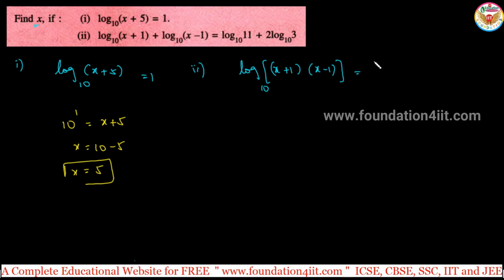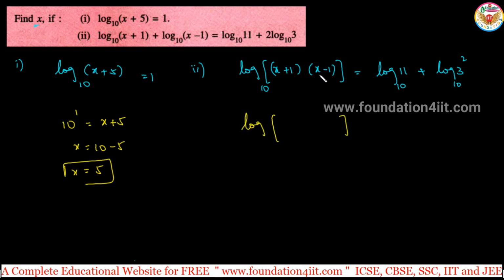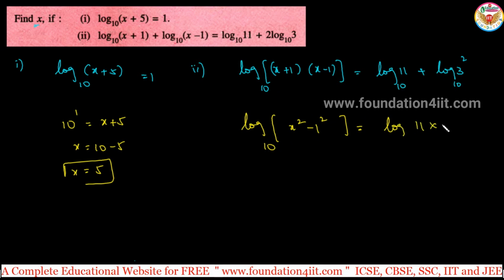Same way, log 11 plus 2 log 3, so log 11 plus log 3 whole square to the base 10. Now here is log of x plus 1 into x minus 1, so x square minus 1 square to the base 10. This is log of 11 into 3 square, that is 9, to the base 10.